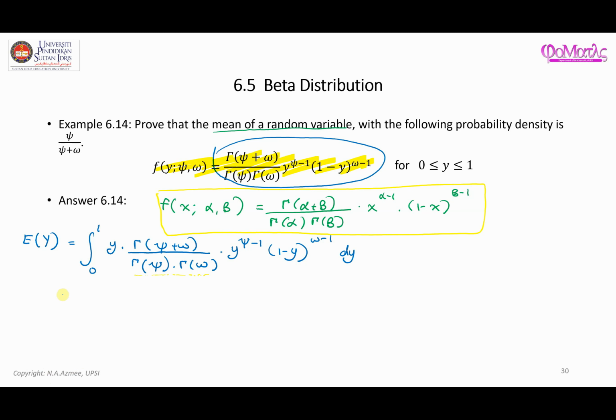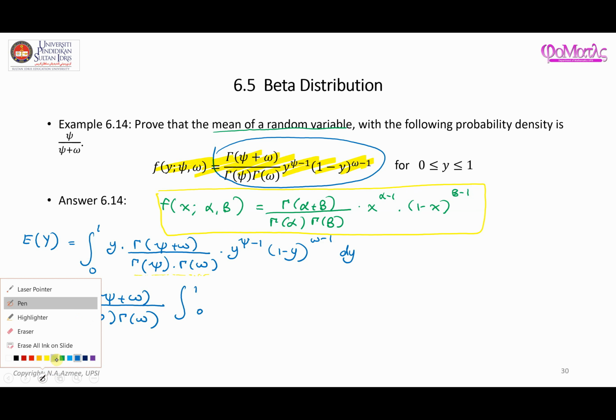So what we have next is gamma of psi plus omega over gamma psi gamma omega, taken out. Then we're going to combine y and y together and write it down like this: y to the power of 1 plus psi minus 1.